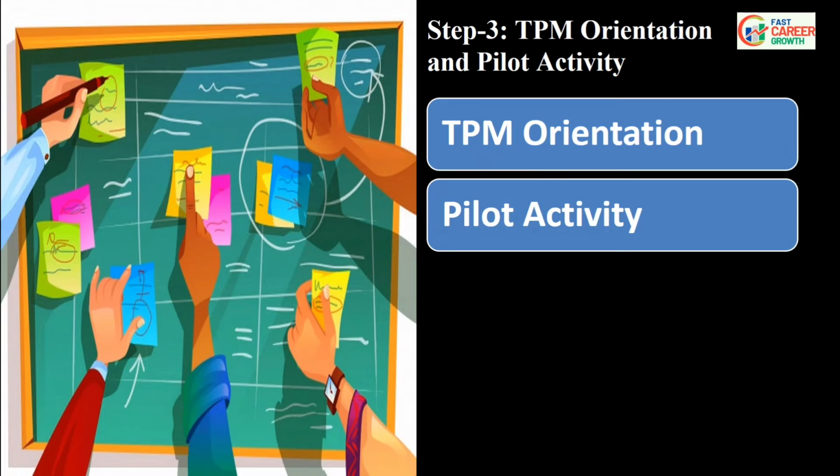The purpose of this pilot is to test the TPM methodology, identify potential challenges, and demonstrate the benefits of TPM in a controlled environment. It allows organizations to learn from the pilot activity and make necessary adjustments before rolling out TPM to the entire facility.